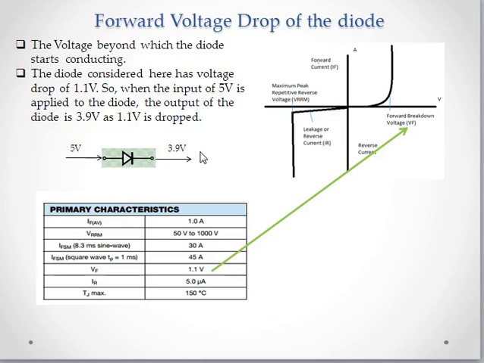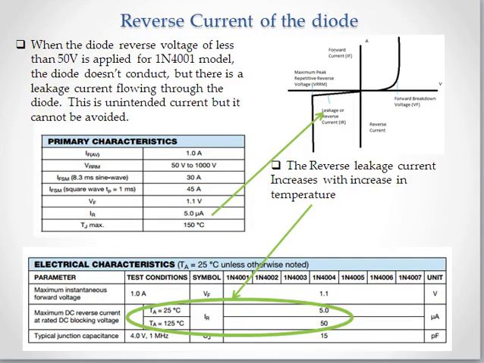But what happens is, when 5 volts is applied in the reverse direction, you see a small leakage current flowing across this diode, which is given by the parameter called reverse current. That is why in the reverse breakdown scenario, you see the graph slowly ramping down, and then there is a sudden surge at the breakdown. So this slow ramping down is because of this reverse leakage current. Reverse leakage current is one of the scenarios that occurs in the diode.